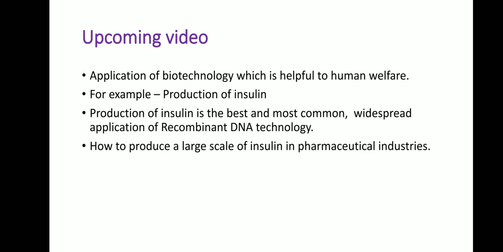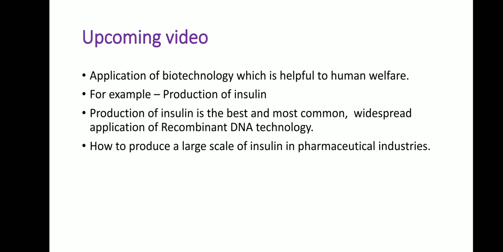So students, in my upcoming video I will explain the application of biotechnology which is helpful to human welfare. The most common example of this application of biotechnology is insulin. Insulin is the best and most widespread application of recombinant DNA technology.